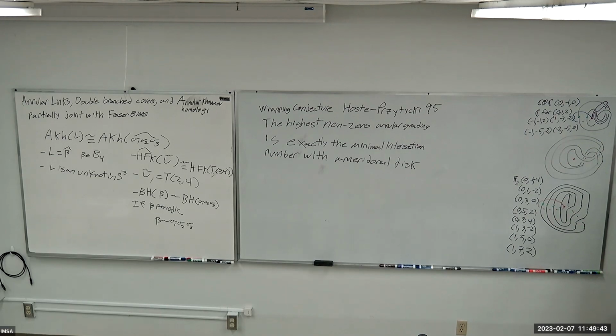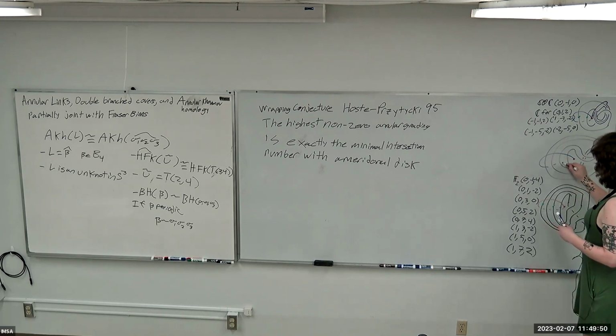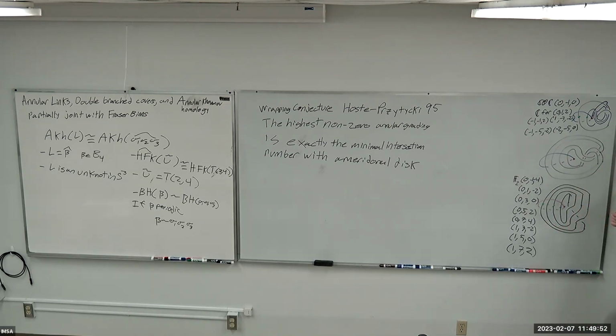But then if we look at this example here, we have our disk, and it's going to intersect in 4 points. But this disk actually no longer minimizes the Thurston norm in this example.